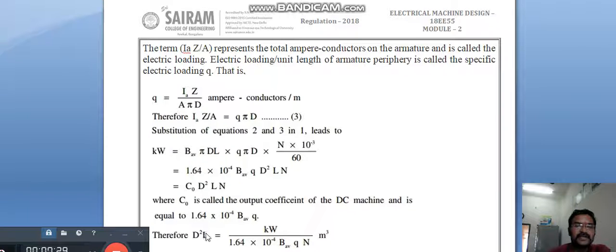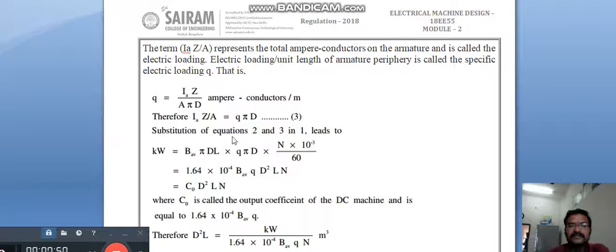Therefore, we are going to find the values of D square L, or D and L. That is the main aim of making this output equation: to find the length and diameter of the armature of the specific DC machine.